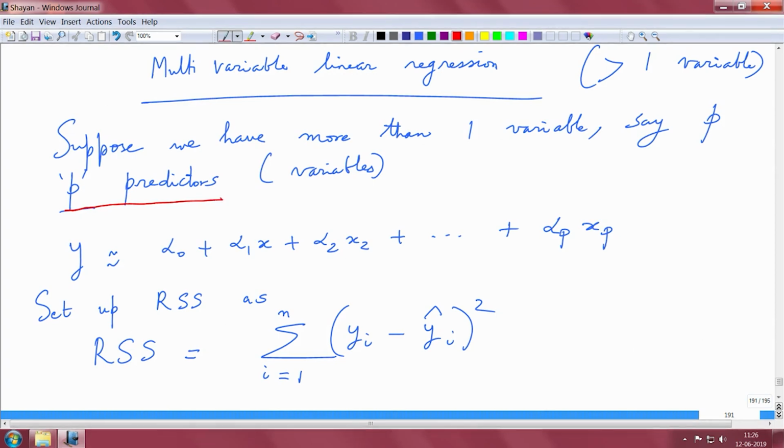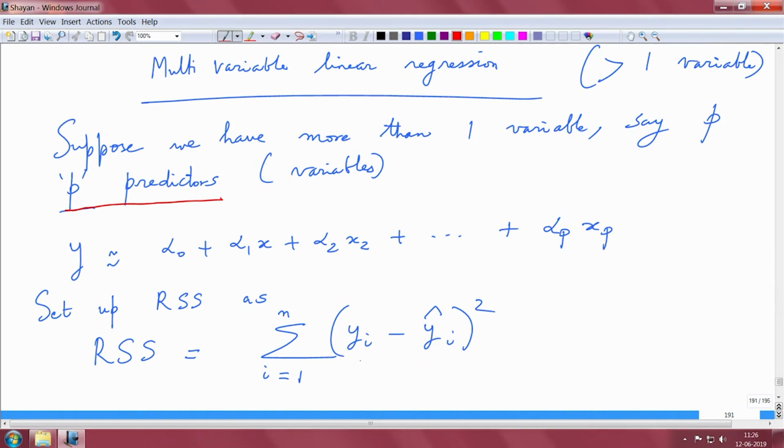These are my variables. For example, if you think about the agriculture example involving the crop yield problem, we have the pH content of the soil, the moisture, pest control, etc. These are all the variables that I have. Now you set up the residual square sum as summation i equals 1 to n of (yi minus yi hat) squared.